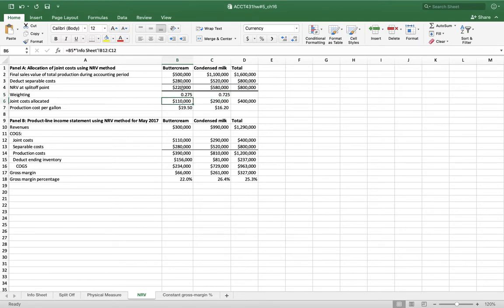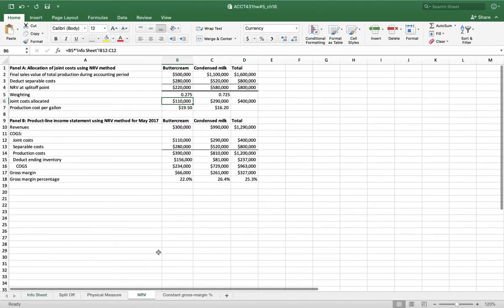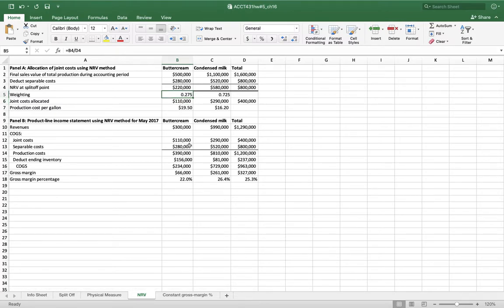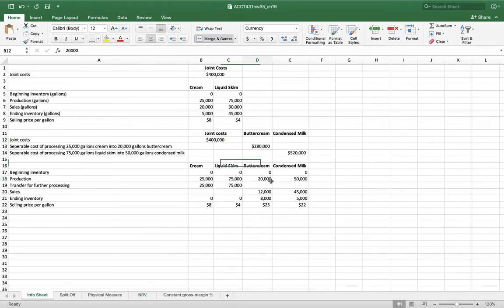For joint cost allocated, you do the joint cost on the info sheet, so 400,000 times the weight right here. The production cost per gallon is going to be the separable cost plus the joint cost allocated divided by the production on the info sheet. So down here.